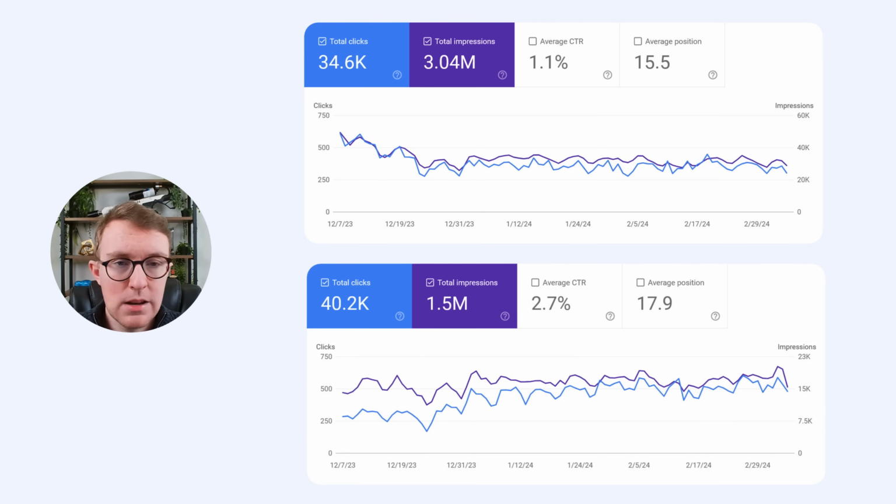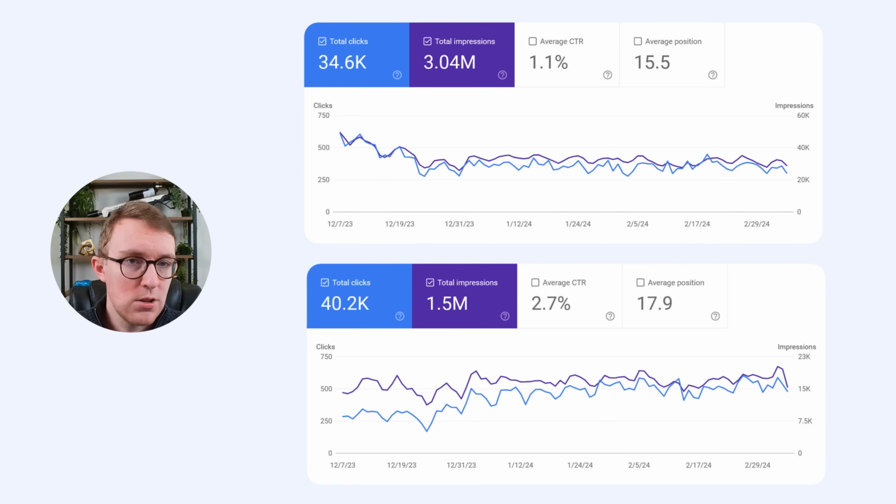Also worth noting that while both of these are relatively stable for the 3 months here, as you can see, there's a slight downward trend on the site on the top with 35,000 clicks. So this is not a site that was hit, obviously, at least during any update, but it had done well, and I think there's a little seasonality to the niche.